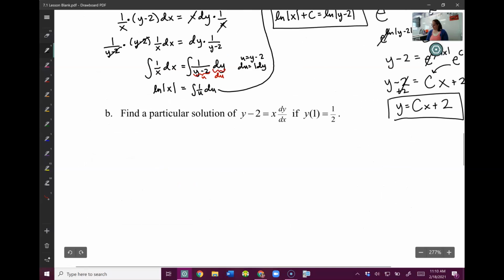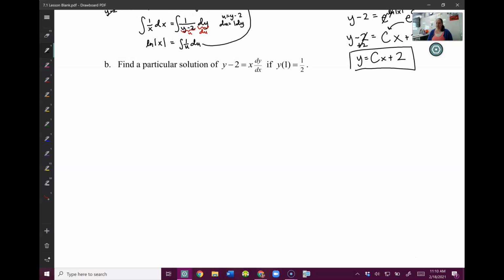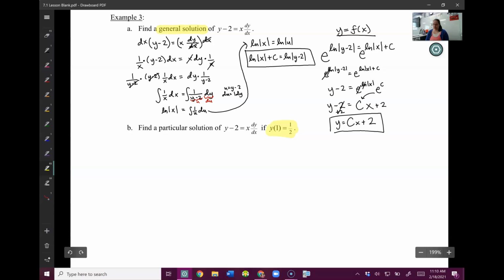Okay, let's do our last example for this video. It says, find a particular solution if y of 1 equals 1/2. This is a solve for plus c. That's what that means.